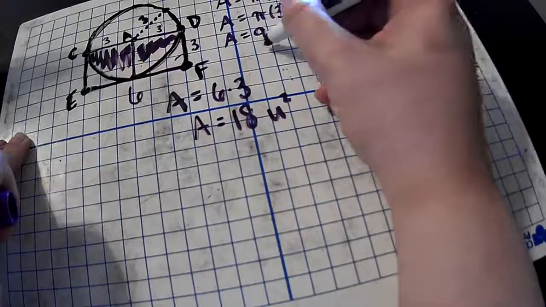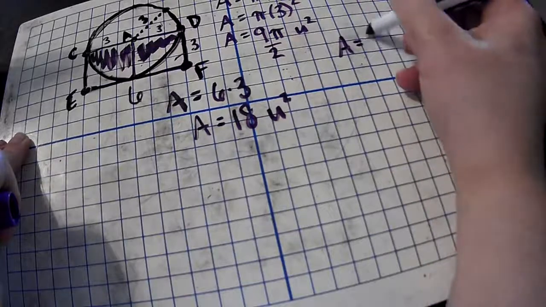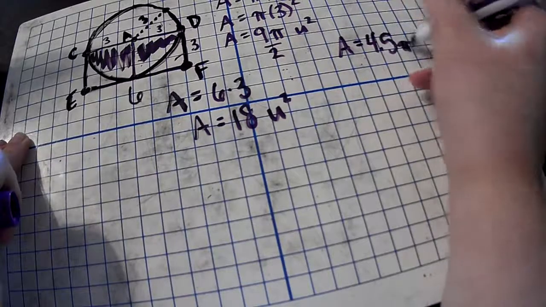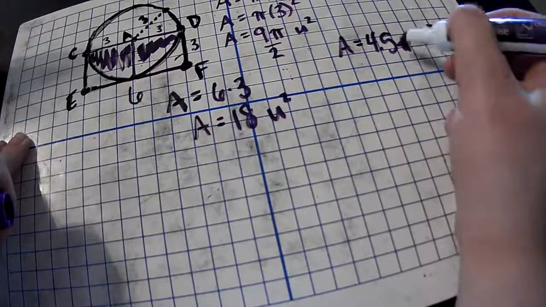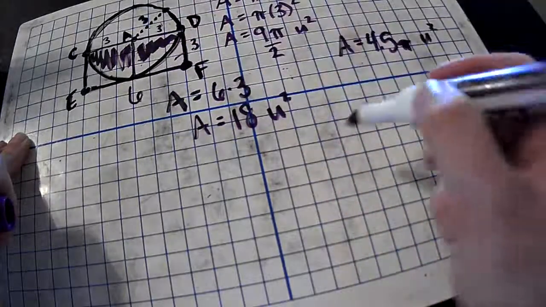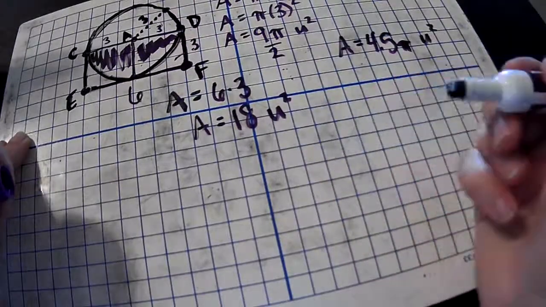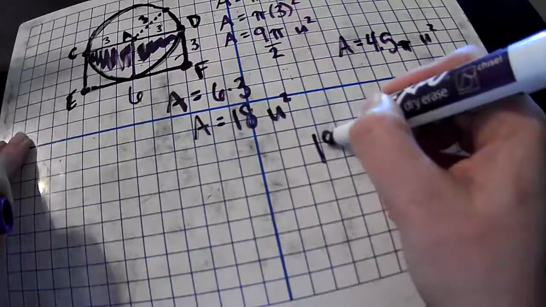for the area of my semicircle, I would start by dividing this by 2, which would give me an area of 4.5 pi square units. And then I could just take that 4.5 pi square units, that's the half of a circle up here on top, and add it to the 18 square units that represent the rectangle on the bottom. And if I do it that way, I don't have to worry about trying to subtract anything out, and I think it makes it a kind of a shorter, easier problem.